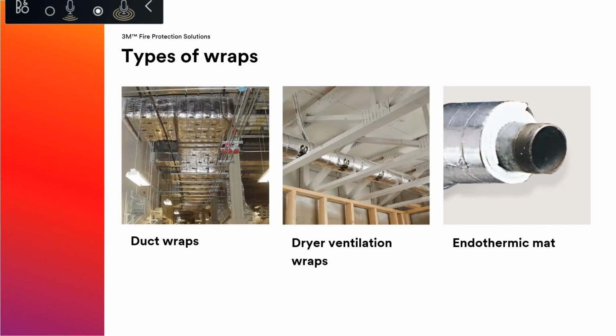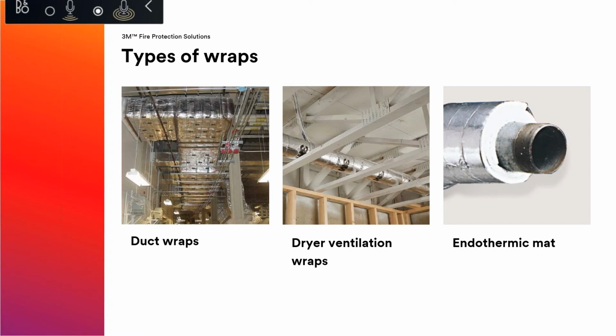So here's again some common installations that you see often in our industry: duct wraps, right? Ventilation, duct protection, chemical exhaust, grease duct. In the middle there, dryer ventilation wrap.